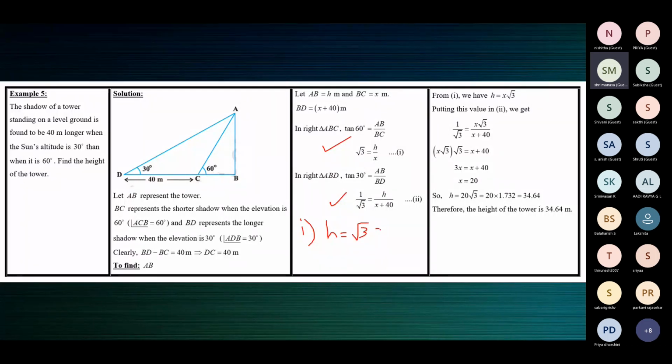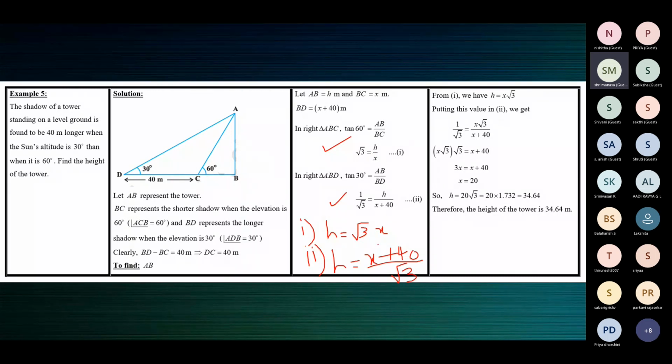What is h from the second one? From the second, x plus h is 40 by root 3. So from equation 1, I've got h is equal to root 3x.